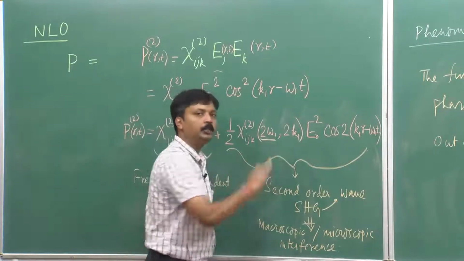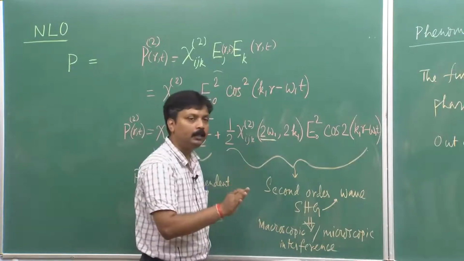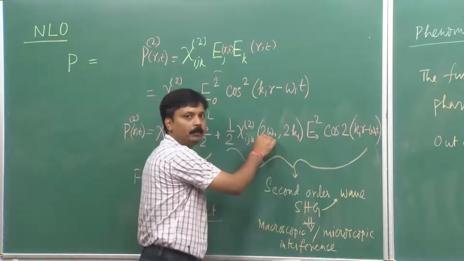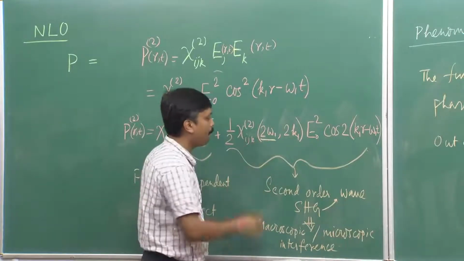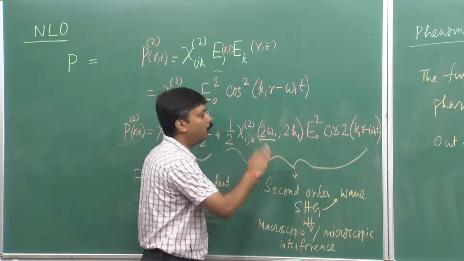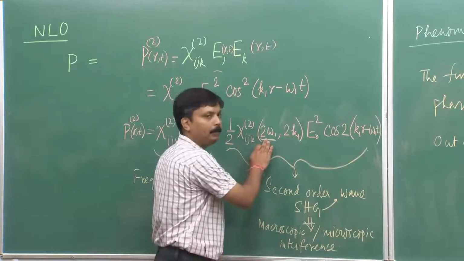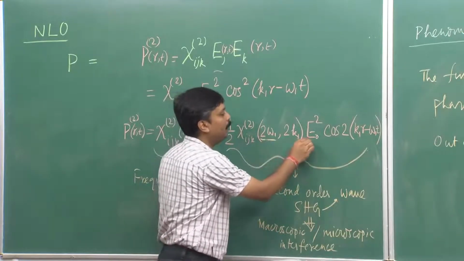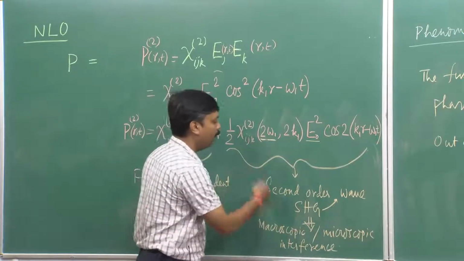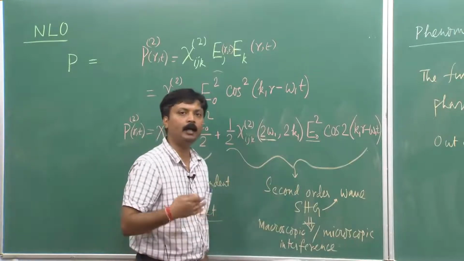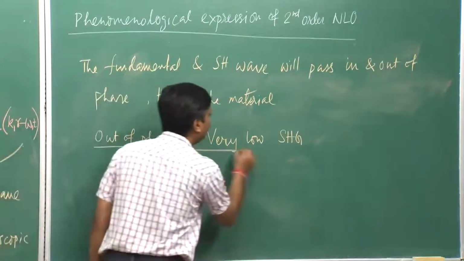This part refers to the second order polarization, no doubt about that, at a frequency which corresponds to double the fundamental frequency, and that is a harmonic, particularly the second harmonic process. And when both incident waves have the same frequency, this is what happens, and it is also characterized by this E0 square, and that is why we call this process second harmonic. Coming back here, I cannot let this happen.